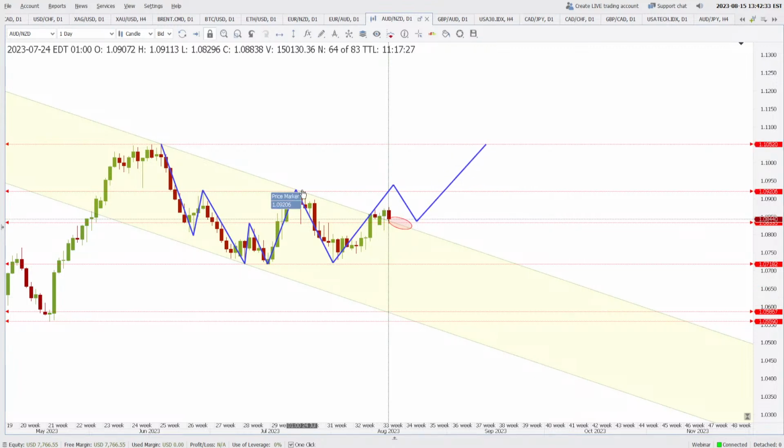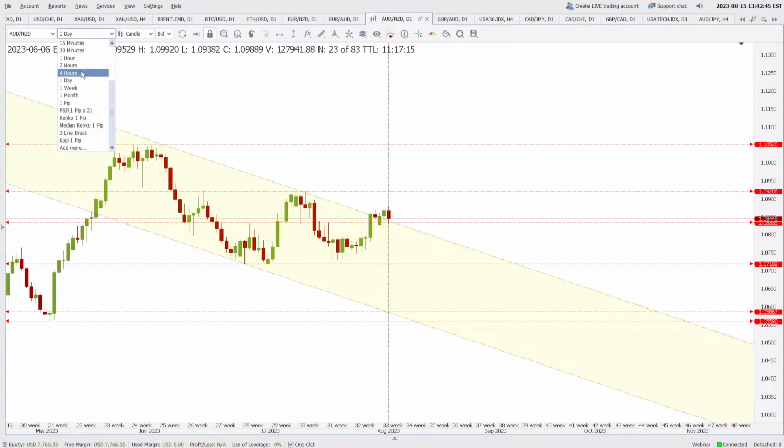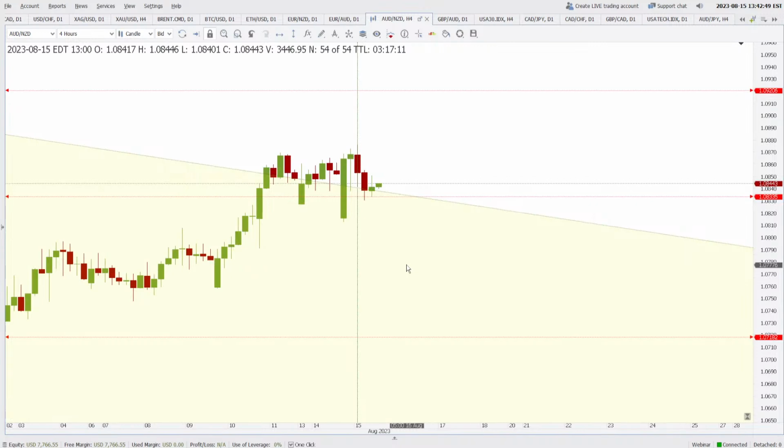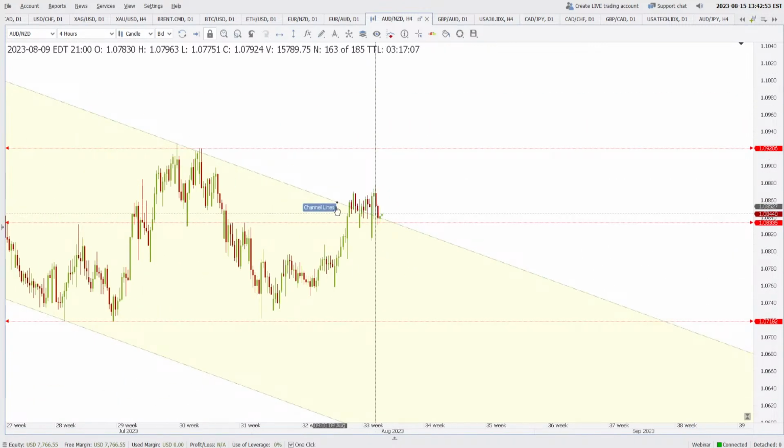Okay, so maybe this is not giving us a buy only above this, but it has already given us a hint that the market is going up. And this is a projection and anticipation. This may get a stop loss triggered, but the odds are in our favor that the market is going up here because this channel is broken.